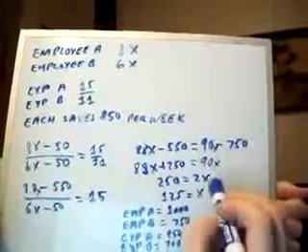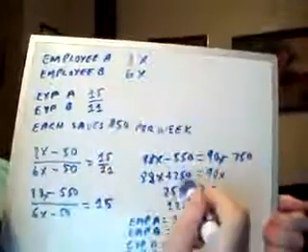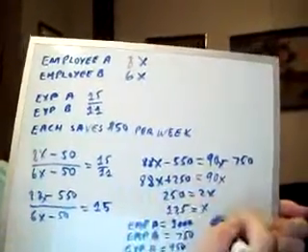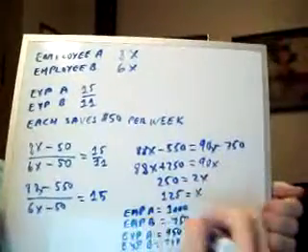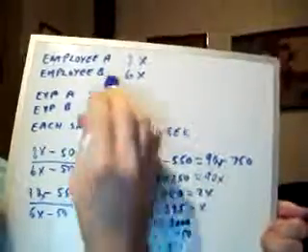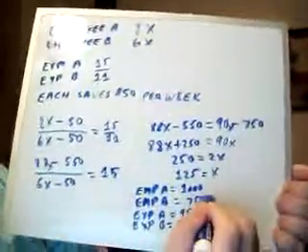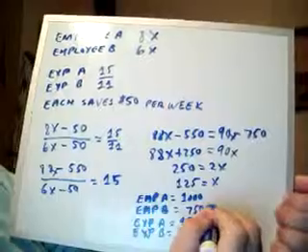So employee A earns 8 times 125, which is $1,000. They earn $1,000 a week. Well, that's impressive. Employee B earns 6 times 125, which means they earn $750 a week.